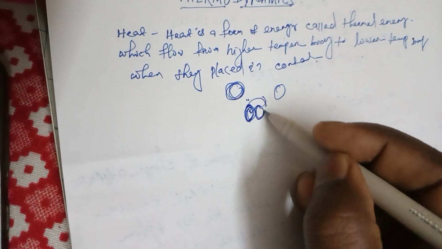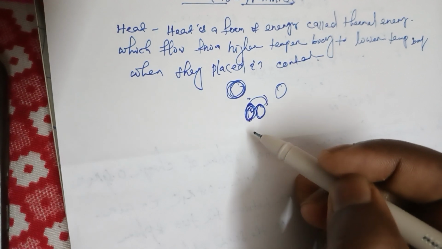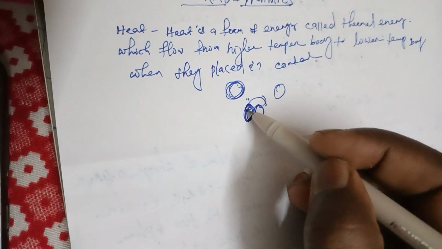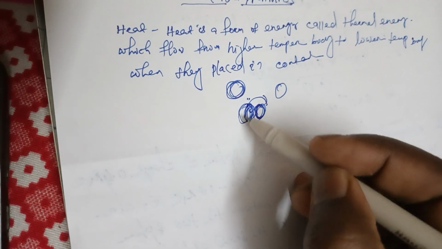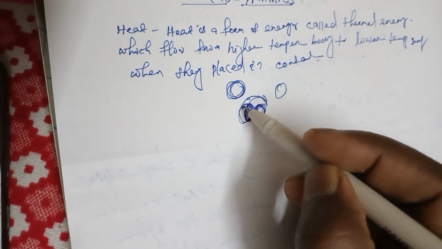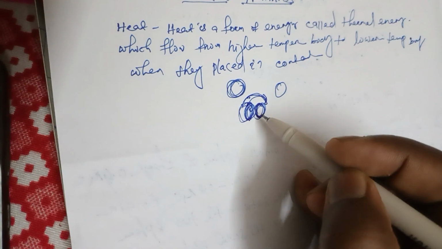Like a potential. This is a hotter body and this is a colder body. Then heat energy will flow from the hotter body to the colder body.